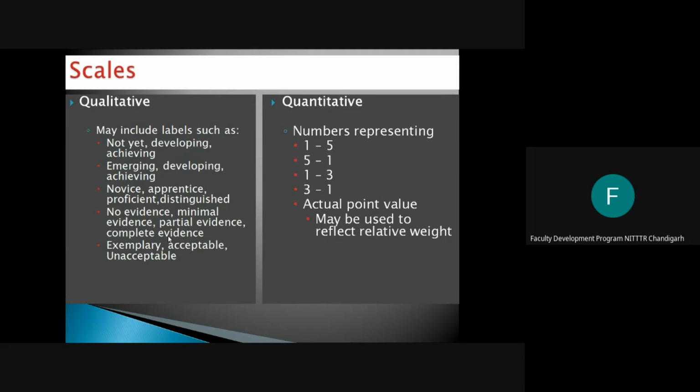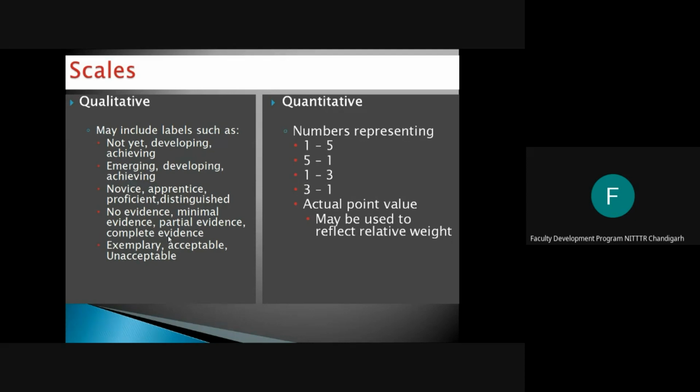Minimal evidence means only limited evidence that you can speak properly, you can write properly. Complete evidence means that I have got all the proof that you can speak properly, you can speak effectively. So that can be another scale.